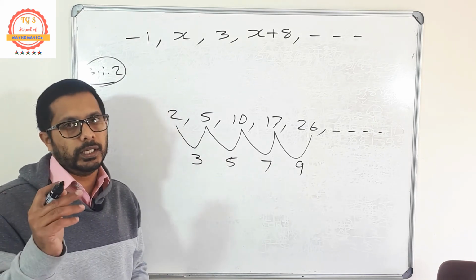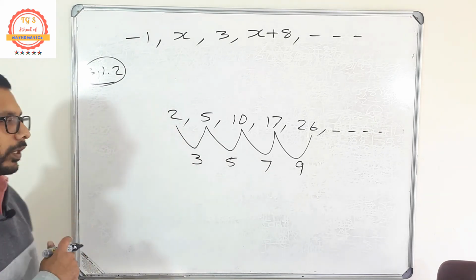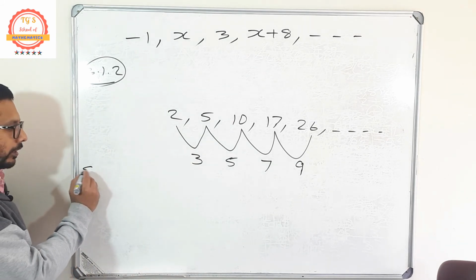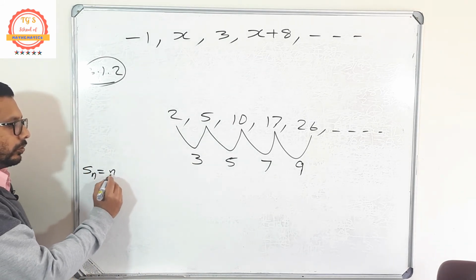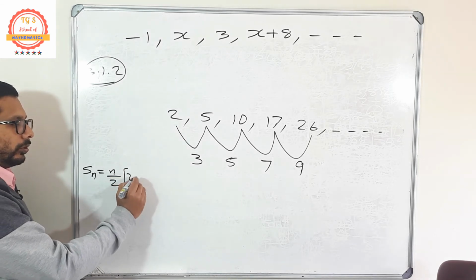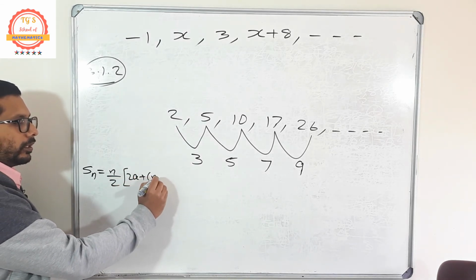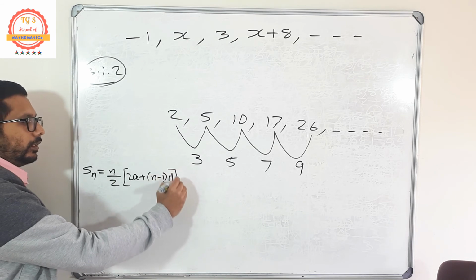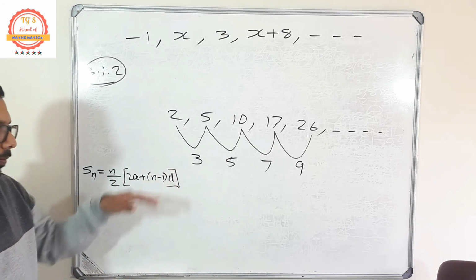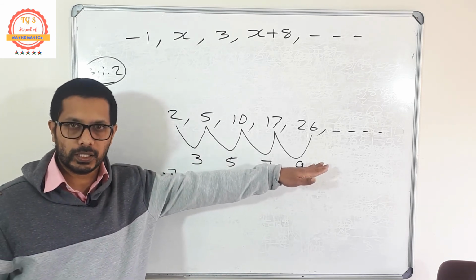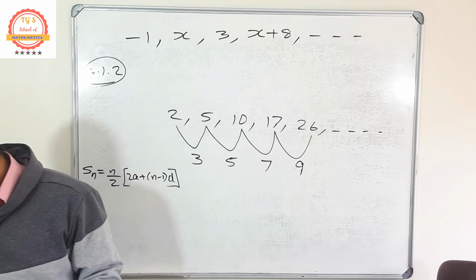Don't forget that. Just a recap. What is the formula to find the sum of an arithmetic sequence? Sn is equal to n over 2 into 2a plus (n minus 1) into d. This is the formula to find the sum of an arithmetic sequence. So leave it there now.